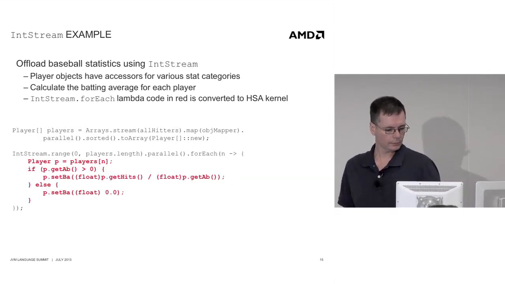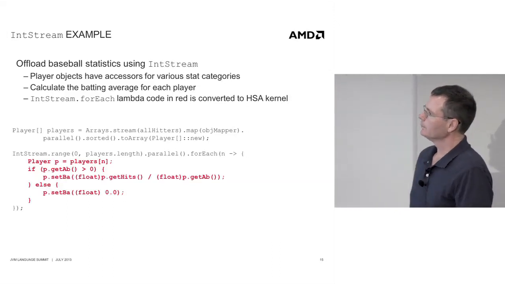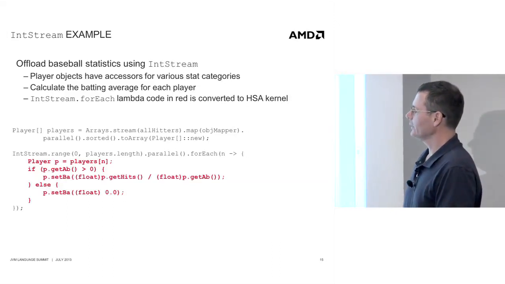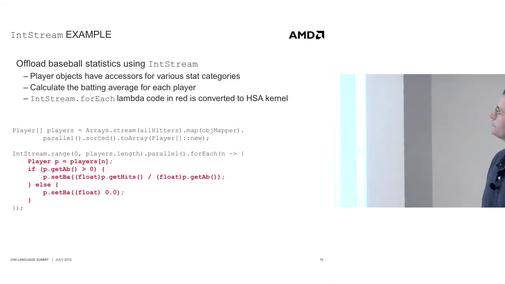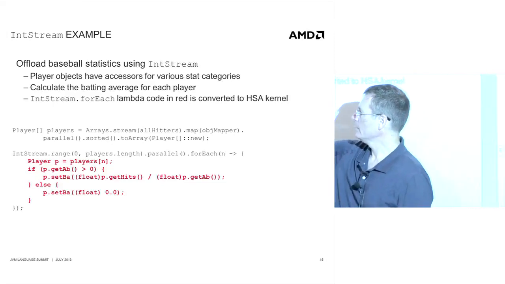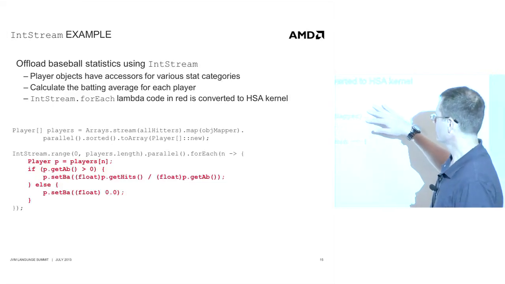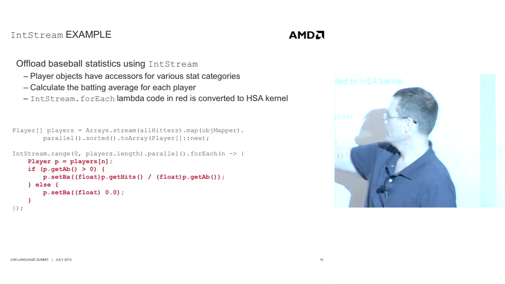Okay, so here's an in-stream range example. This one's just calculating baseball batting average, so it's hits divided by at-bats. Here I use this ordinary Stream API construct to create a player array.